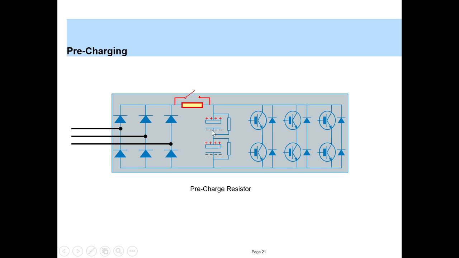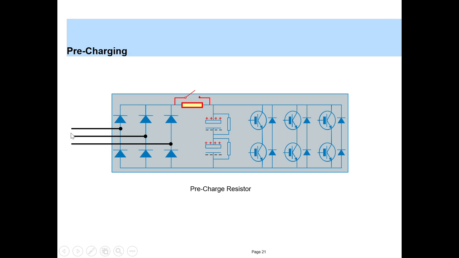But initially at t equal to 0, it acts like a short. So if there is no resistor in the circuit, this will lead to a very high current, because it acts like a short, which is undesirable.